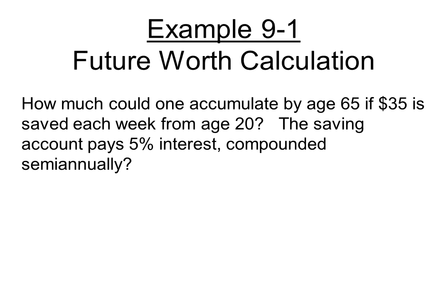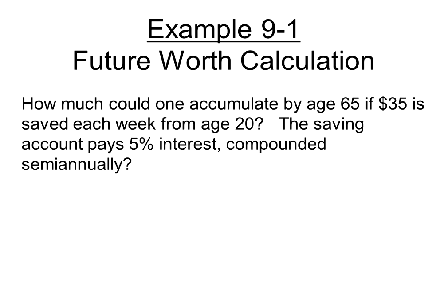How much could one accumulate by age 65 if $35 is saved each week from age 20? So you can see here in this example, we're asking about how much we will have in the future at the age of 65. We're thinking about age 65 being the future and age 20 being the present.